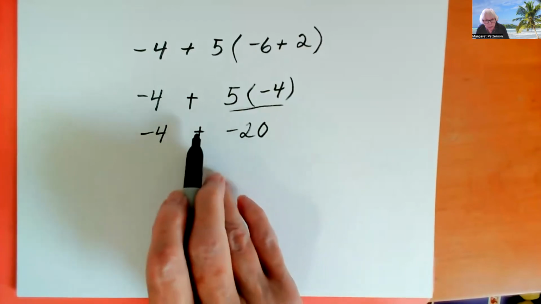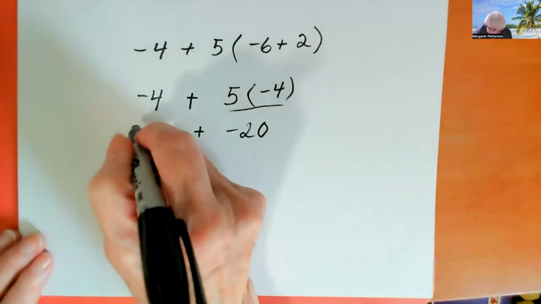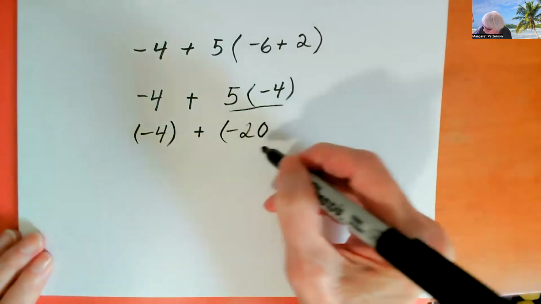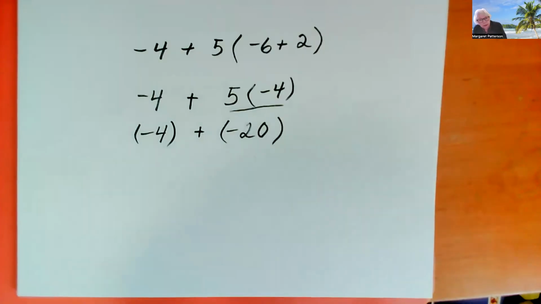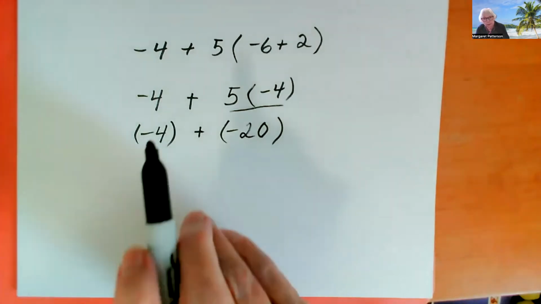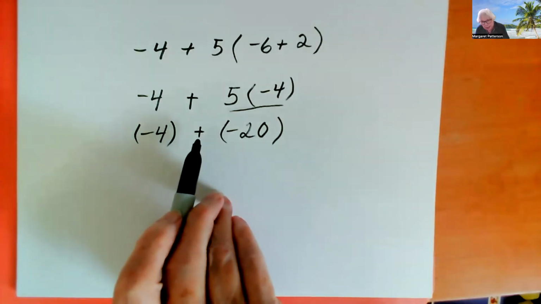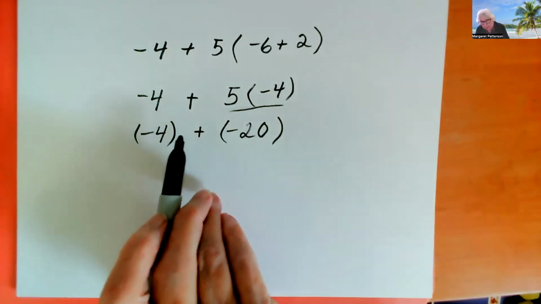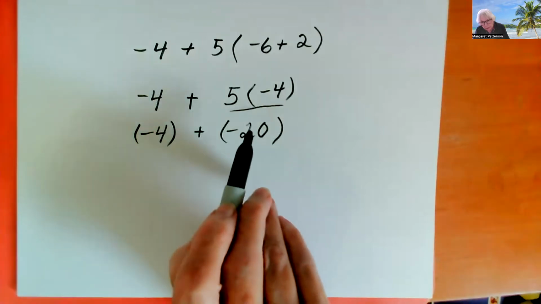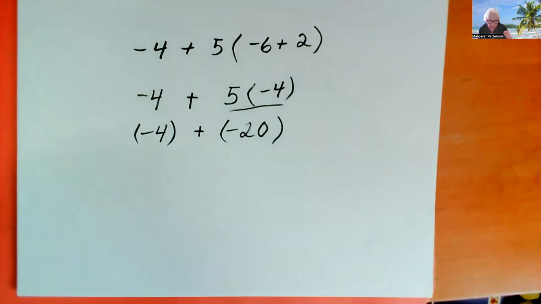Notice the signs are back to back, the plus, the minus. If this helps you to clearly visualize what you're doing, then use the parentheses. They're your friend here. So we're adding. It's a negative and another negative, so it's more negative.